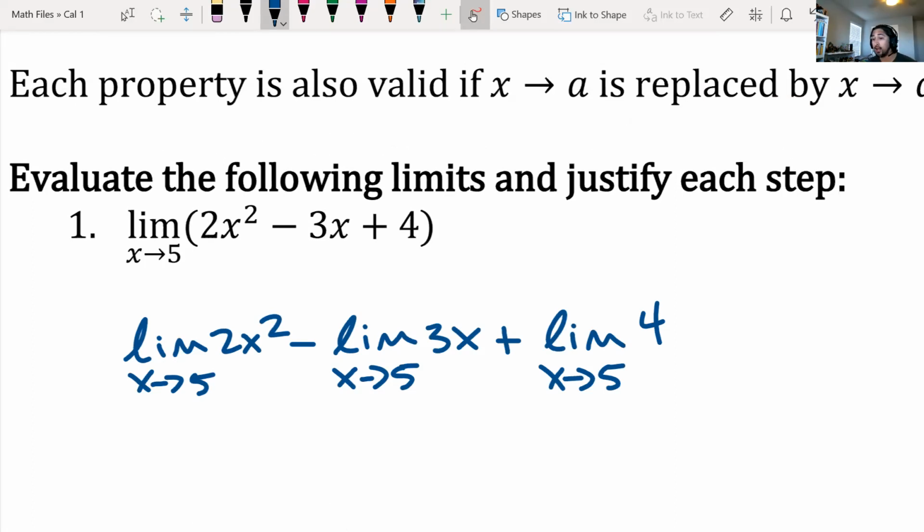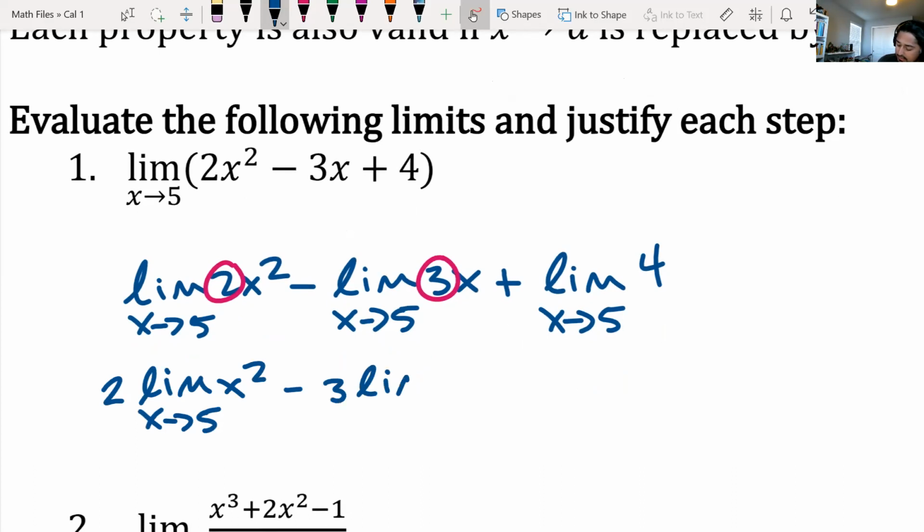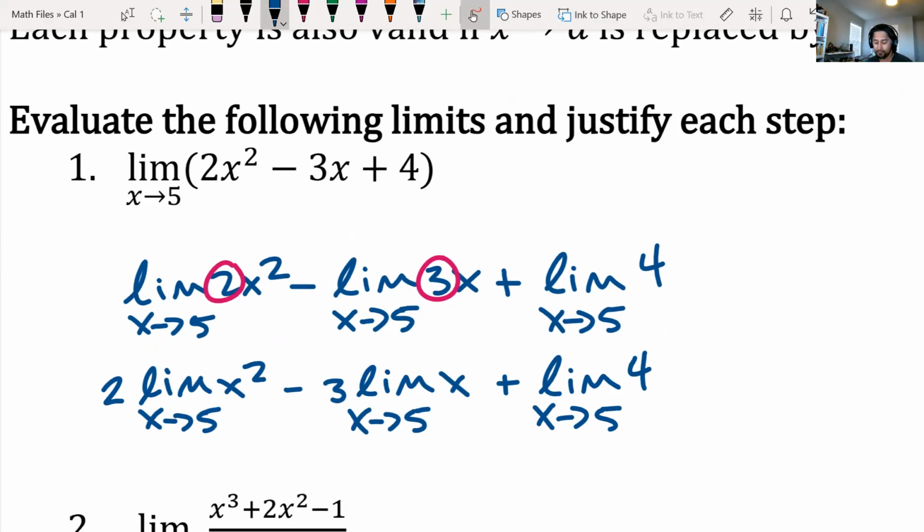Okay. And now let's go ahead and apply more properties from the above. And where can I move this to? And where could I move that 3? To the front of the limit, which means you get 2 times the limit as x approaches 5 of x squared minus 3 times the limit as x approaches 5 of x plus the limit as x approaches 5 of 4.